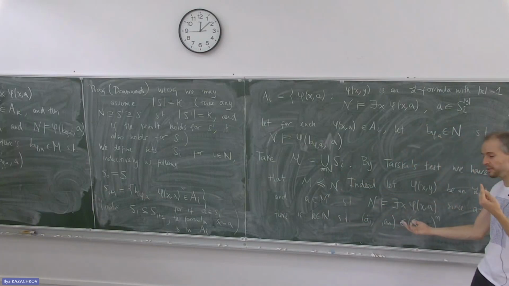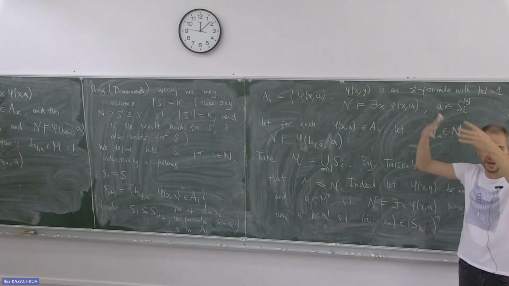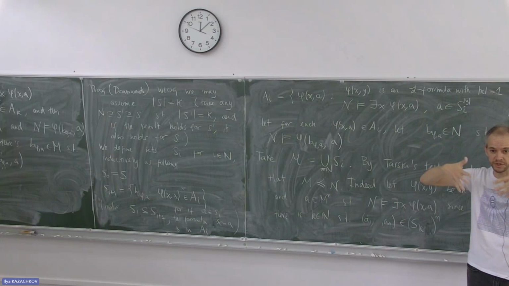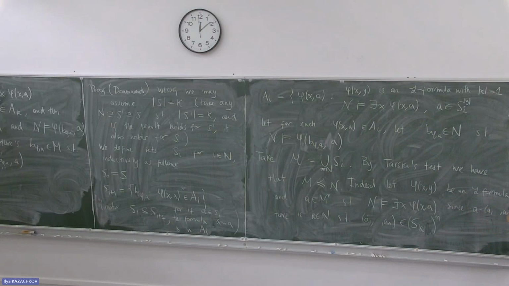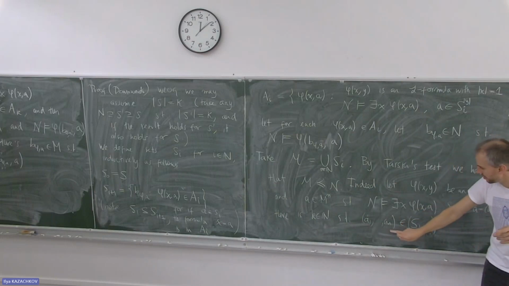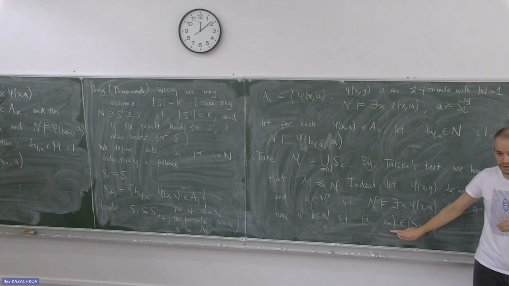And if I have finitely many, then I just take K to be the maximal K in which all of them appear, right? Because this is a chain, correct? So if you have a chain of the SIs, SI is contained in SI plus 1, then there is going to be at least one K which is going to contain all of these elements.